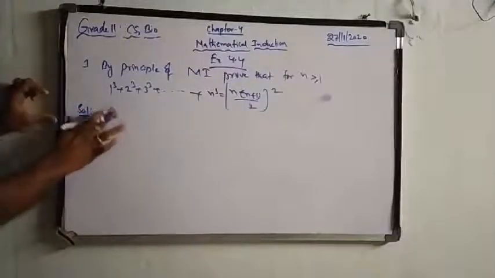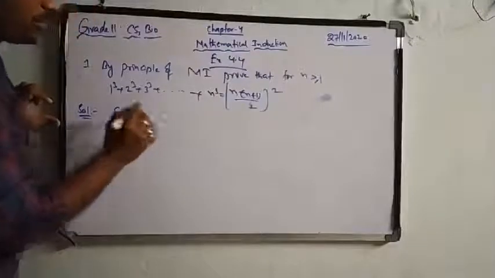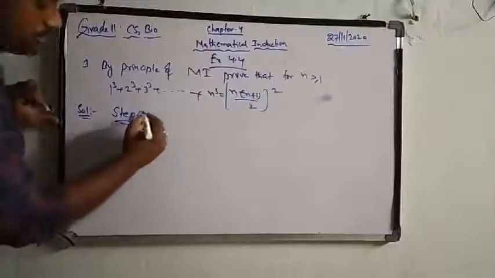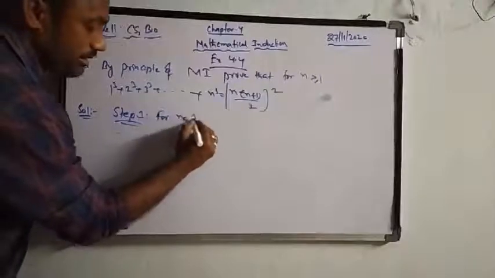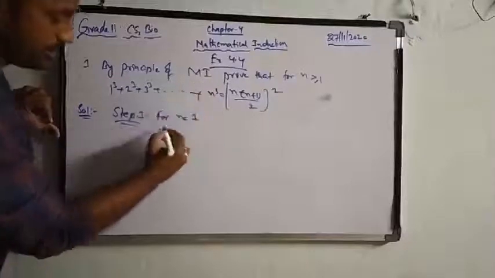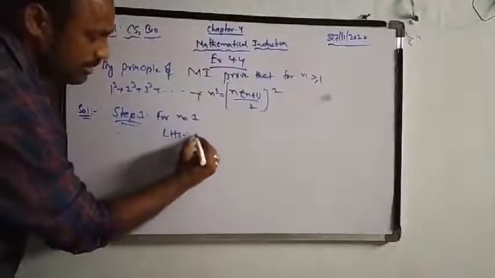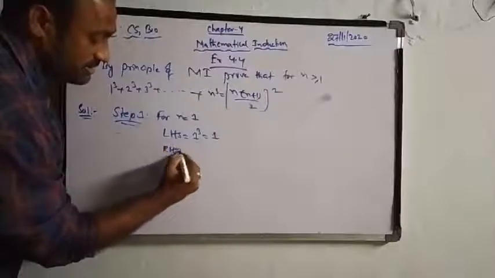So step 1. In the step 1, we know that we have to take n value as 1. So for n is equals to 1, in place of n I am going to substitute 1. So I am going to get left hand side as 1 cube. So the value of 1 cube is 1. Next right hand side.